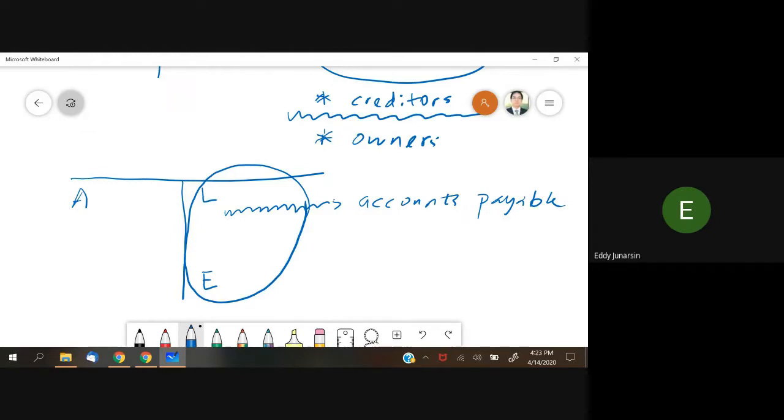Of course, we could argue that although we don't pay an explicit interest payment, we lose the opportunity to get a cash discount. And in finance and economics, we have a way to incorporate that into calculation because we have an implicit cost.